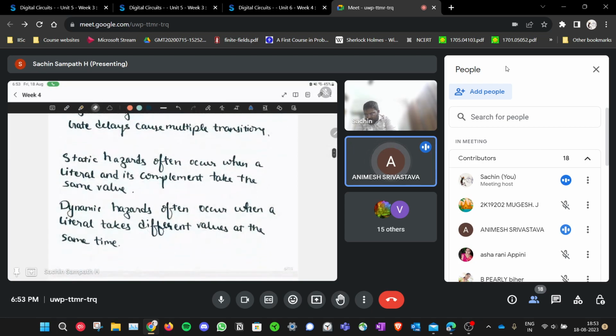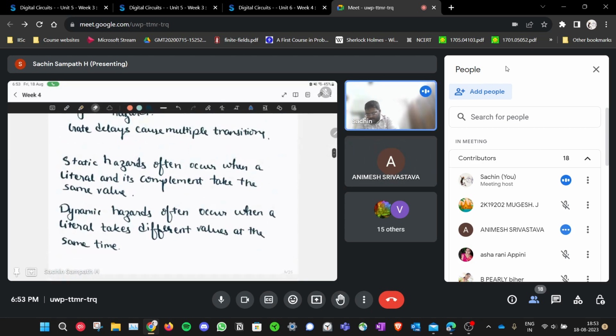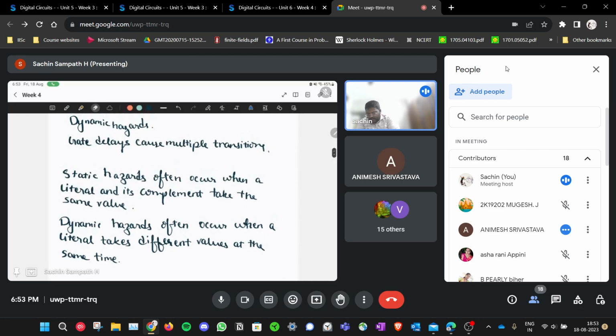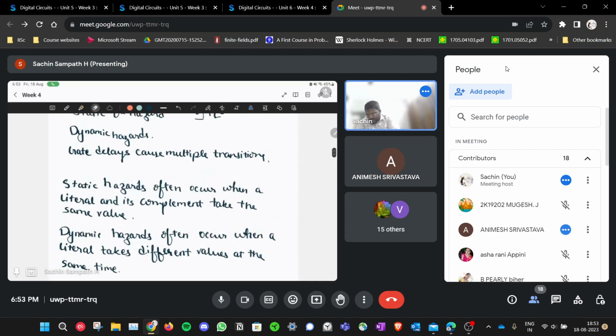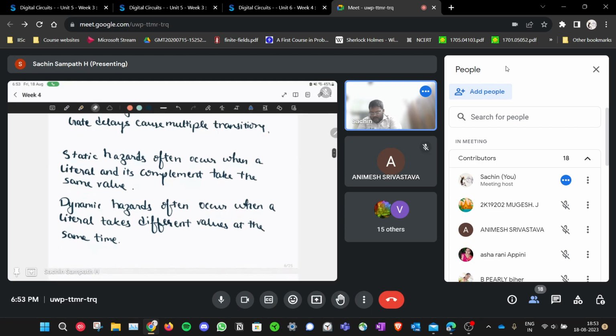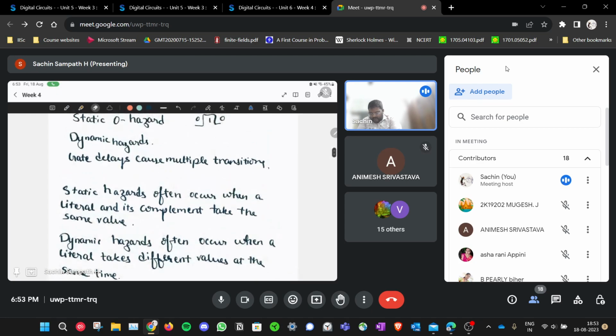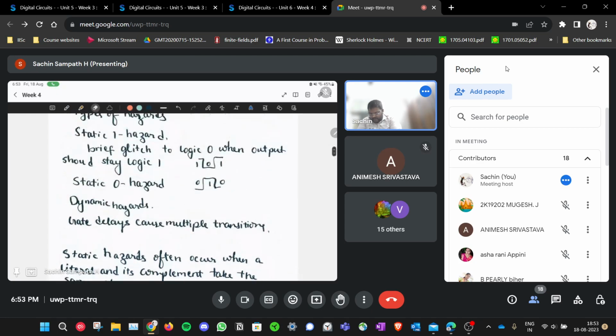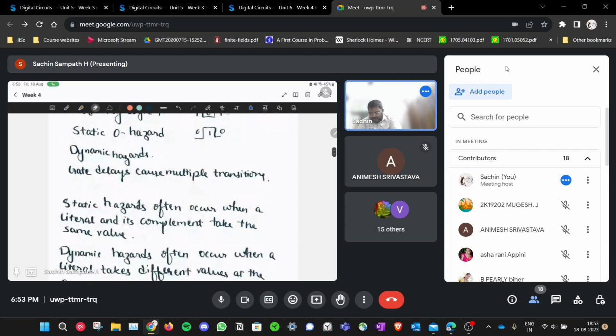No, see, static hazard and dynamic hazard, these things are there for you to understand. It doesn't mean that one type of circuit will only produce this or one type of circuit won't produce that. If the hazard is occurring in some circuit and it occurs in the way you define, that means a static hazard is occurring.